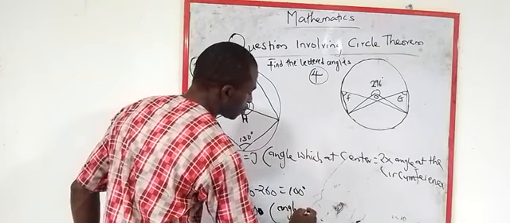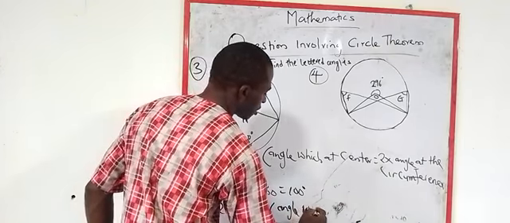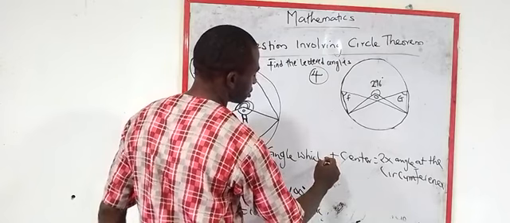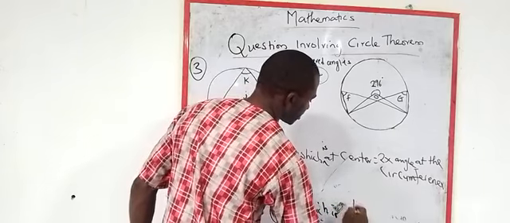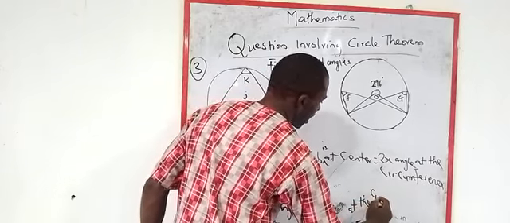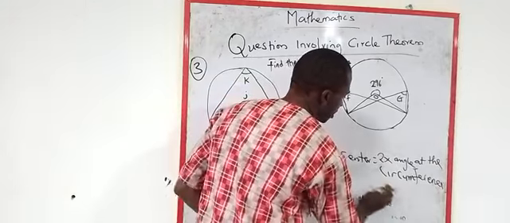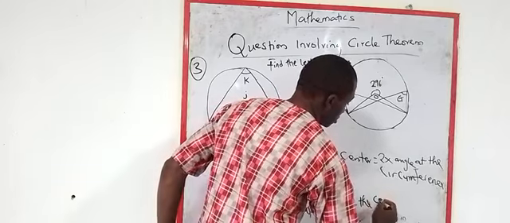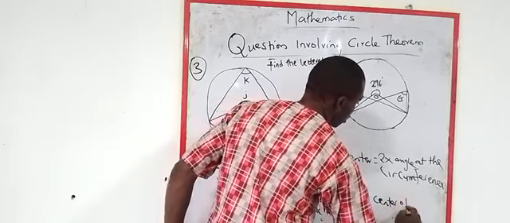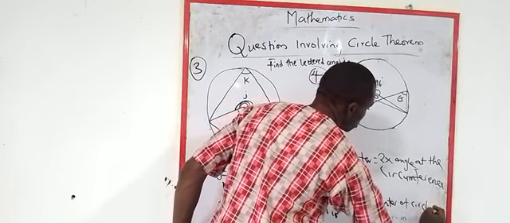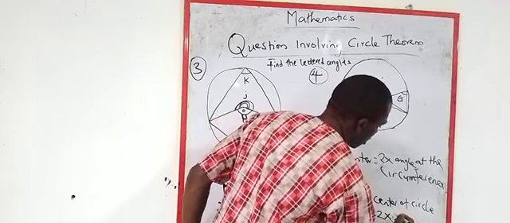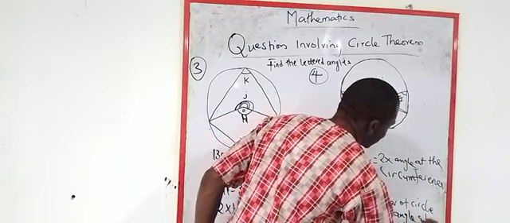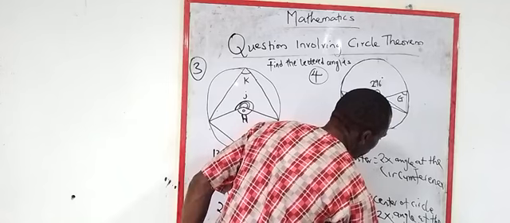Angle which is at the center of a circle is equal to 2 times angle at the circumference.